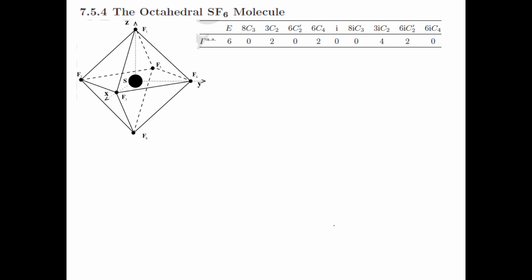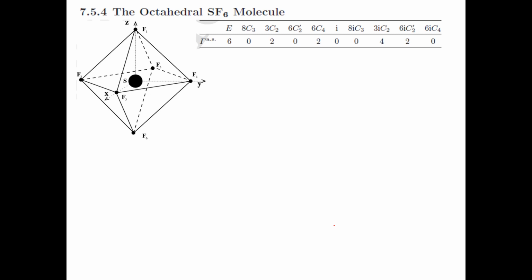Okay, let's do another example now. This is the octahedral SF6 molecule, fluorine and sulfur. And this is an interesting example because it's an octahedral field, which is very common.